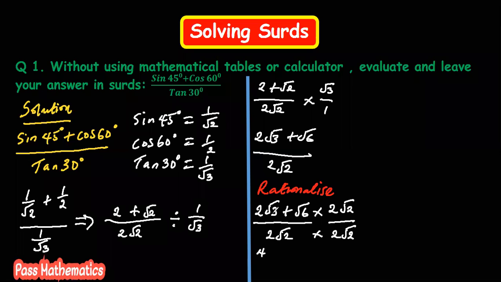So root 2 times root 3 is going to be root 6, plus root 2 times root 6, so we should have root 12, something like this, divided by... no, we shouldn't have this.